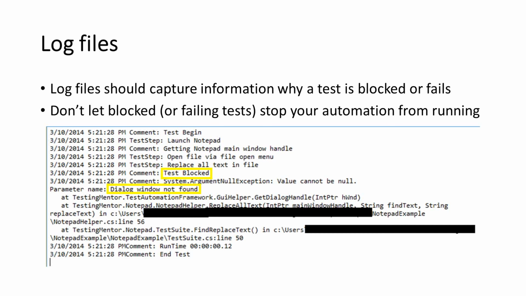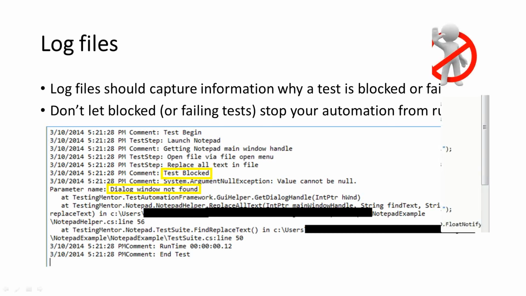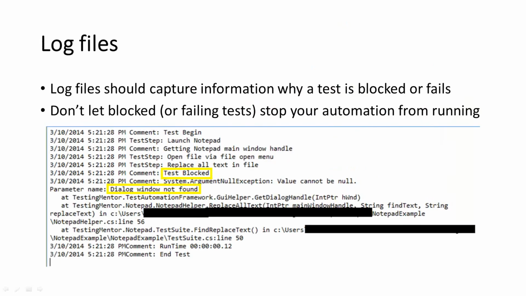And so I can see that in the fifth line, I made the program call to replace all text in a file, but then I throw the exception, and that's why I see my test blocked message. And then below the test blocked message, I see that I got a null exception, and my dialog window was not found.